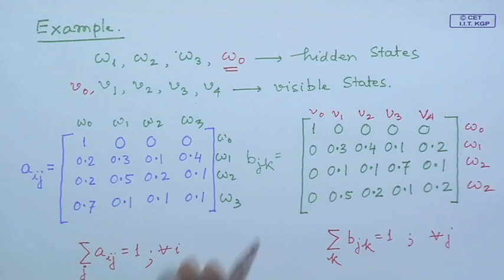Okay. Now, given this transition probability, my problem is I want to find out that if we are given a sequence of visible states, what is the probability that that sequence of visible states is actually generated by this model theta. Okay. So, for that, let me take a sequence of visible states.